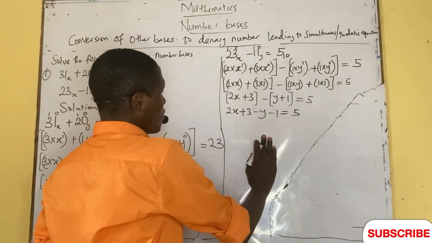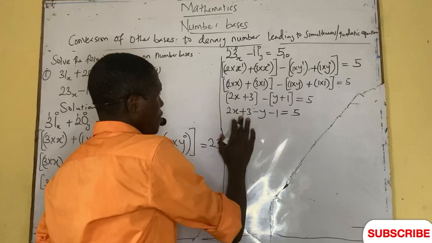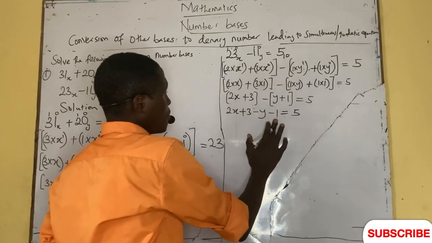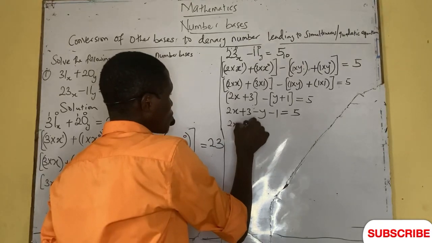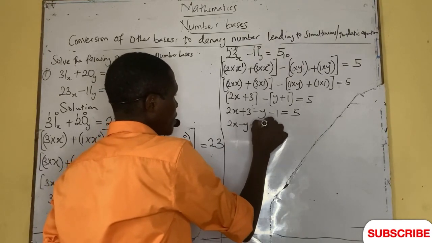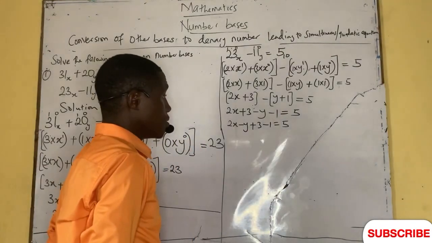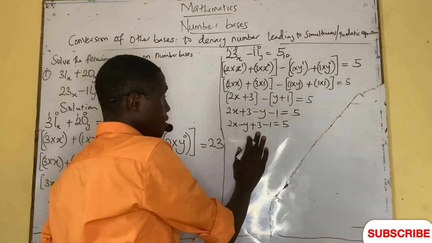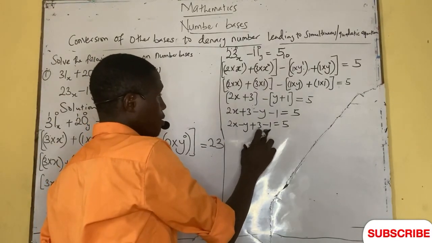So now we have 2x plus 3 minus y minus 1 equal to 5. So we have 2x minus y plus 3 minus 1 equal to 5. 2x minus y plus 3 minus 1 equal to 5.